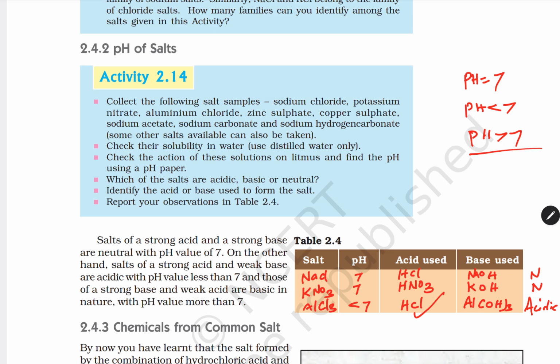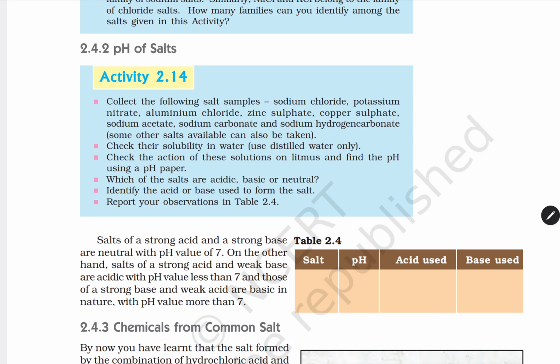Similarly, you can observe zinc sulfate, ZnSO4, and copper sulfate, CuSO4. For these also you will observe it is less than 7 because the acid we are using is H2SO4 in both cases, and the bases are Zn(OH)2, zinc hydroxide, and Cu(OH)2, copper hydroxide. These are weak bases compared to sulfuric acid. So in both cases you will get an acidic nature of salts.